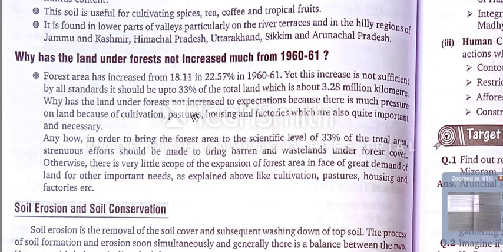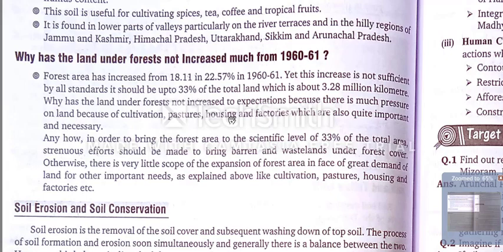Next point is pastures. Pastures means grassland. You can write here grassland. Grassland is also necessary for animals. Got it? What will cattle eat? It's also a necessary point. Next is housing, where people will live.